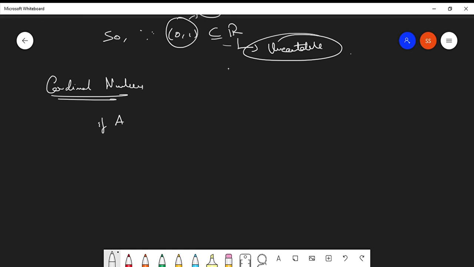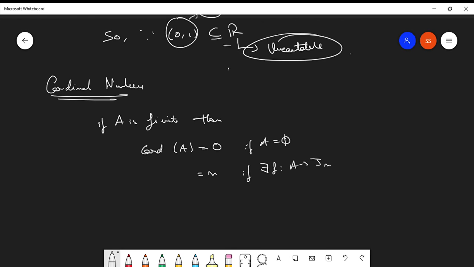If A is finite, then the cardinal number of A is 0 if A is the empty set, and equals n if there exists a bijection from A to Jn. I guess you remember what Jn is. What was Jn?